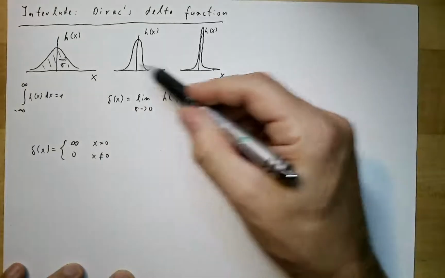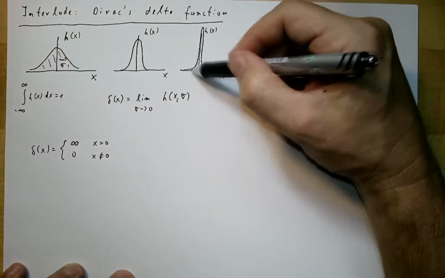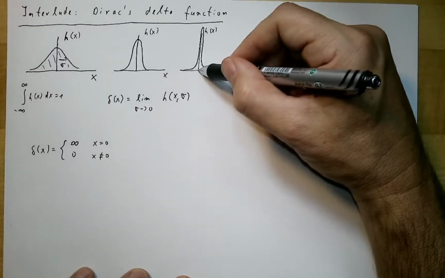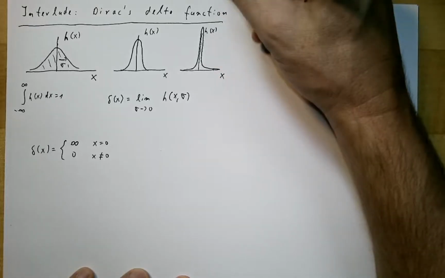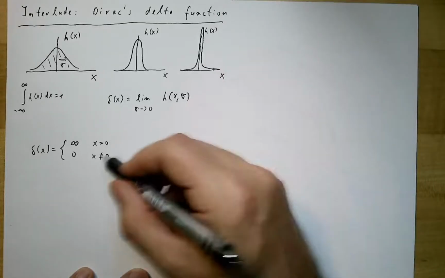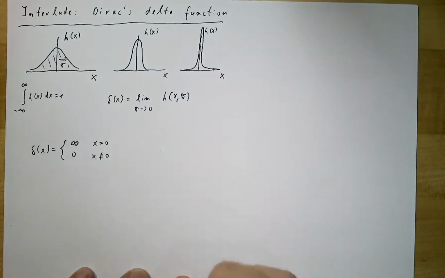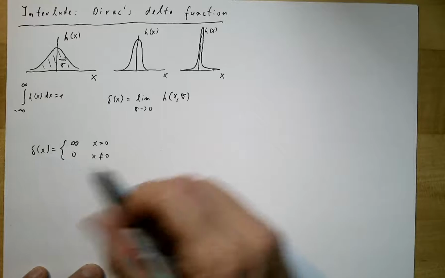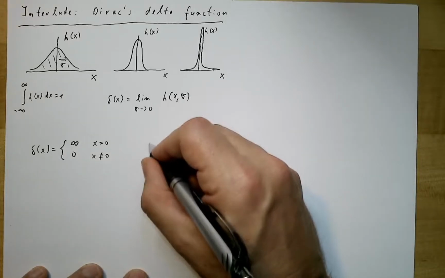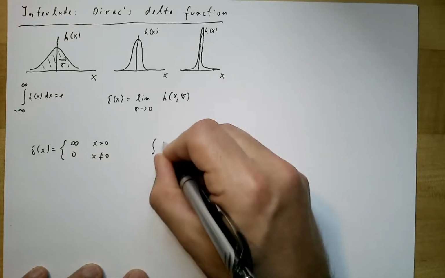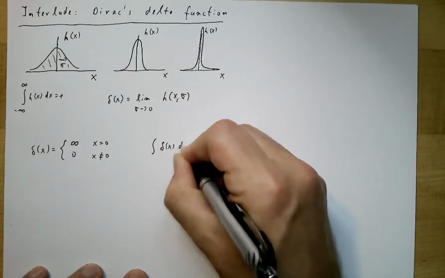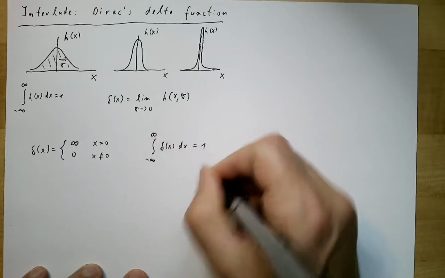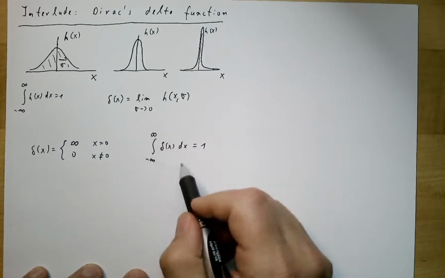But we assume that if we integrate delta of x dx over -infinity to +infinity, this should still be 1.